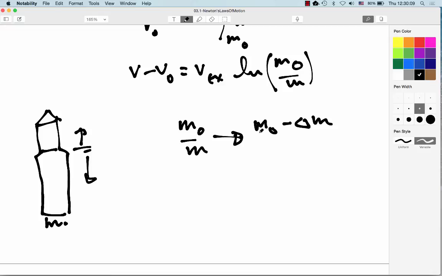That replaces the numerator by m naught minus delta m, and replaces the denominator by m minus delta m. So if you think this through, you'll realize that this is a bigger number than that is. So when I go and stick it in here, I can end up with a bigger final speed for the same amount of fuel that I'm expending. Okay.